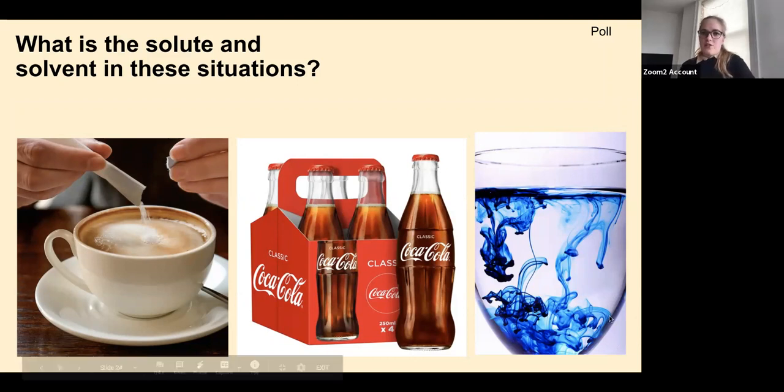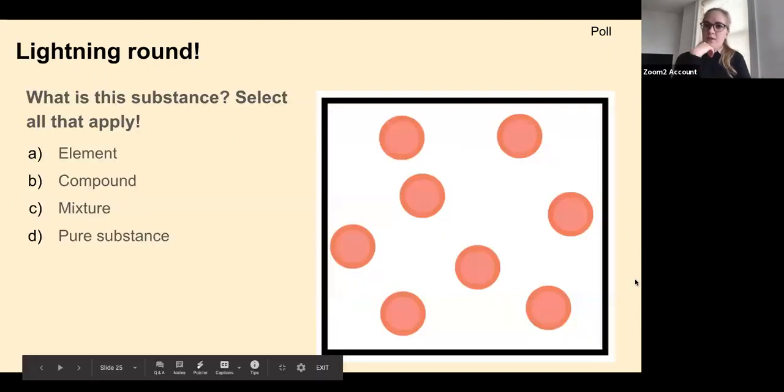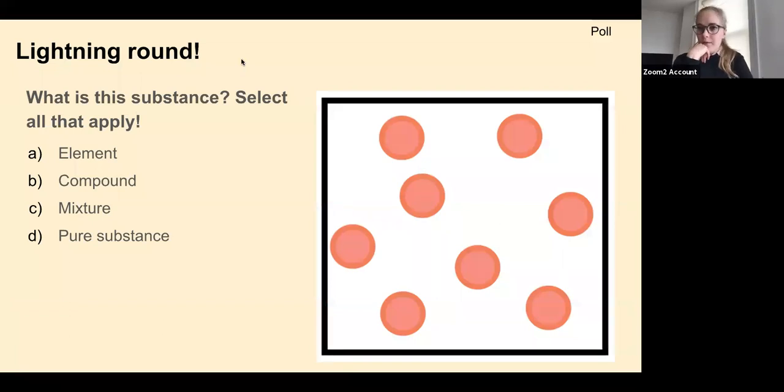So now to conclude our webinar, we're just going to have a lightning round where we're going to look at a bunch of these particle diagrams. And I'm going to ask you guys to identify whether these particle diagrams are showing an element, a compound, a mixture, or a pure substance. And some of these diagrams are actually going to fit into more than one category. So you can select all of the options that apply. So let's start with this first one.